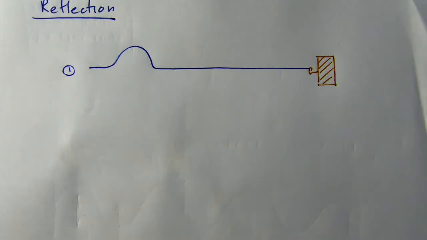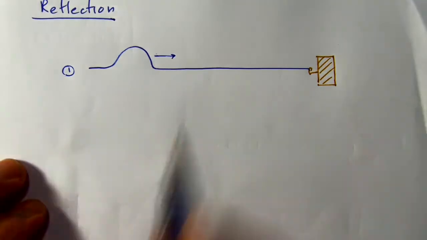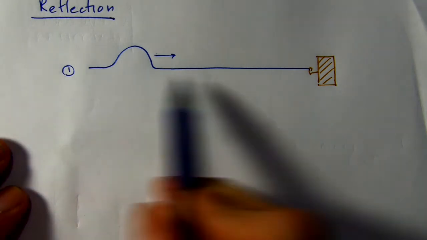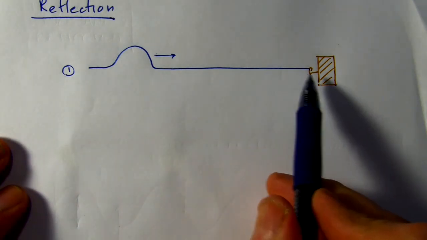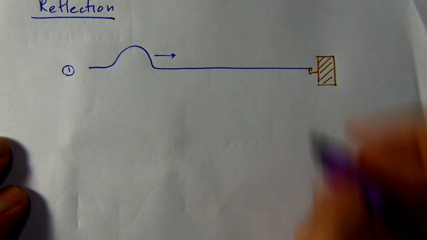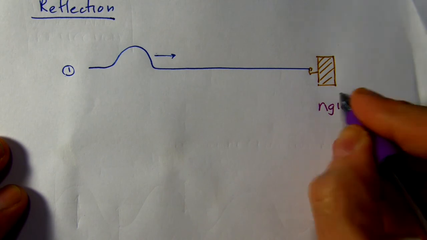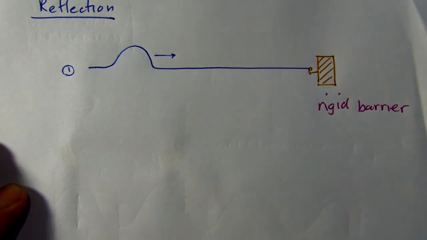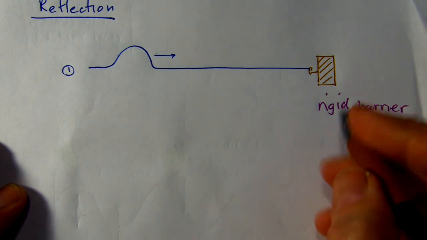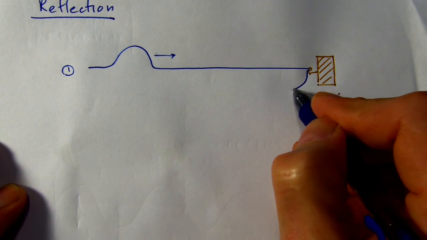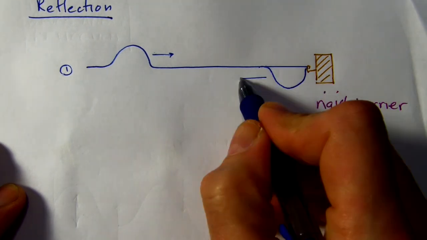So situation number one, that wavelet is propagating here. And what's going to happen then is as it propagates, it reaches this fixed barrier. And so this is called a rigid barrier or rigid support. And what's interesting is that it continues on, continues on. It reflects inverted.